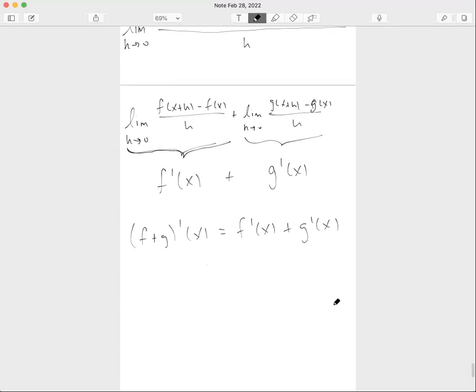So why is this needed? Well, if I'm looking at a graph in terms of tangent lines, graphing a sum of functions is not so easy, right? This is not obvious to us based on what we know about graphing. Graphing a sum is not as easy as graphing a single function.